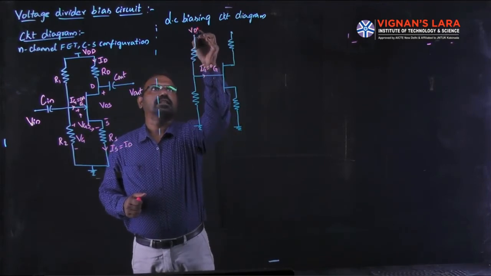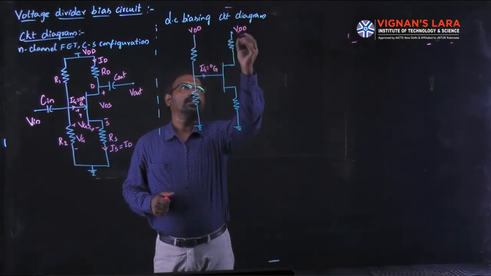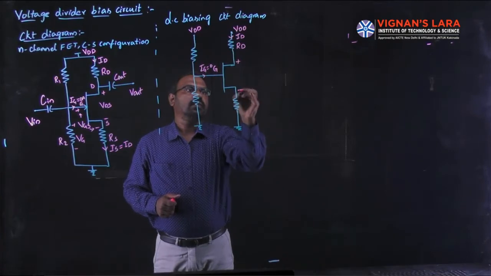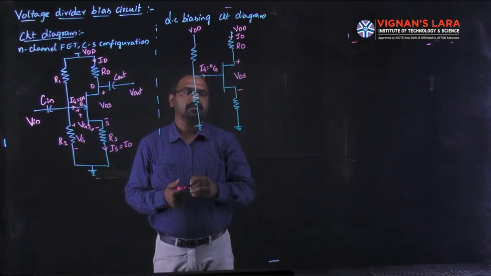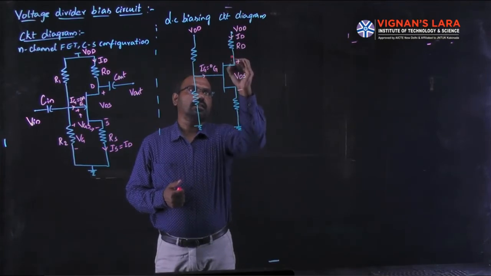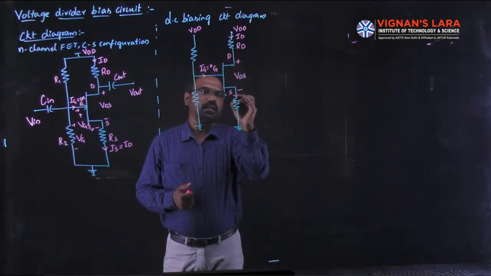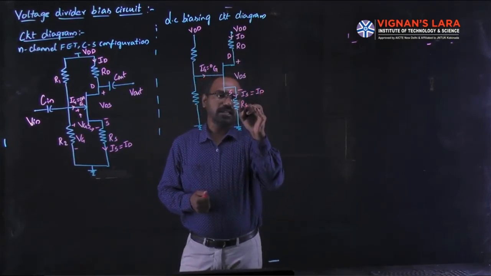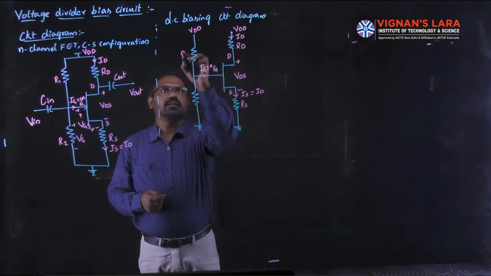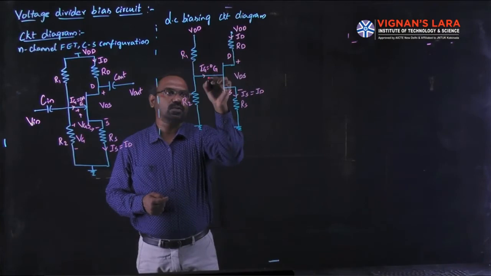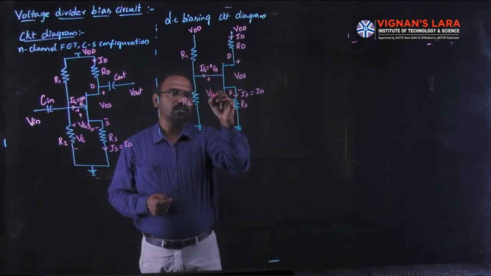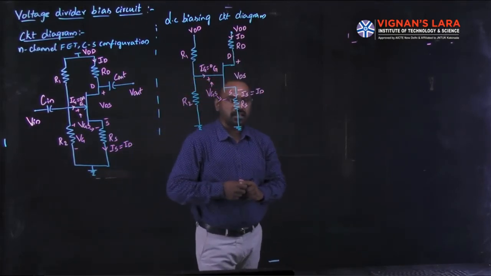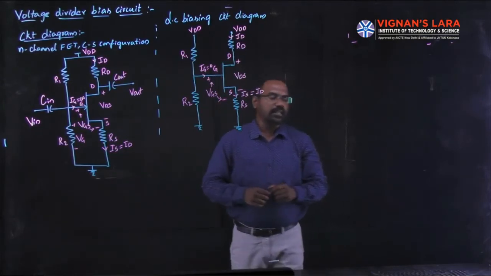This is VDD, here also VDD. The current flowing through it is ID, and this resistance is RD, with VDS across the drain and source. The current flowing through the source is IS, which will be equal to ID, through the source resistance RS. With the voltage divider network R1, R2 and VGS, our main concentration is to find the expression for this VGS.